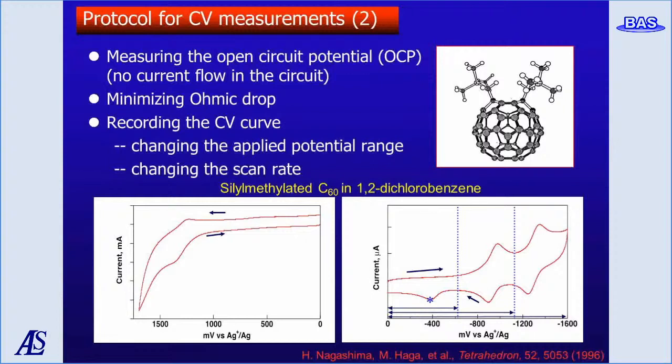By changing the sweep potential range, we can determine the origin of the star-marked anode peaks. In this case, this star-marked anode peak comes from after the second reduction peak.